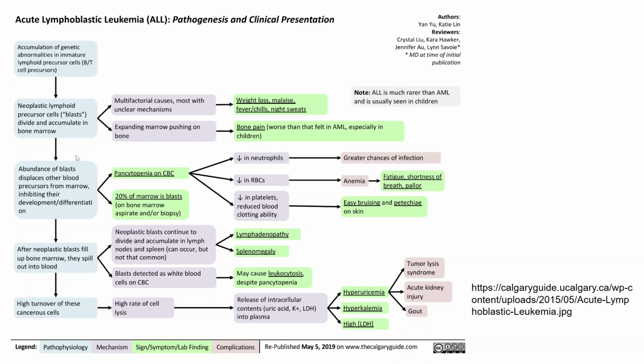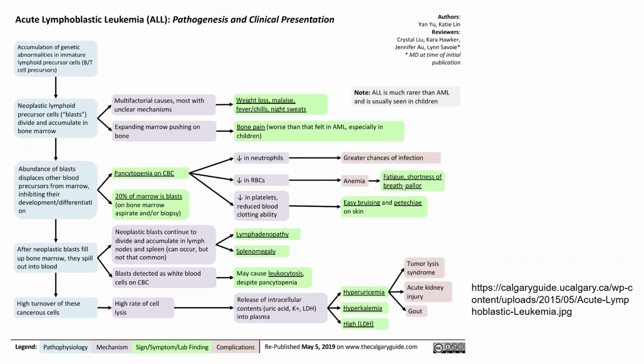Then as it progresses further, the number of blast cells in the bone marrow increases, and they also tend to go into the peripheral circulation. As they go into the peripheral circulation and the bone marrow functions are affected, at one stage there will be a reduced WBC count, and pancytopenia would occur, resulting in reduced numbers of neutrophils, RBCs, and platelets, whereas the lymphoblasts may be increased in number.